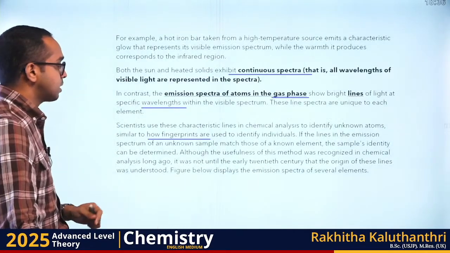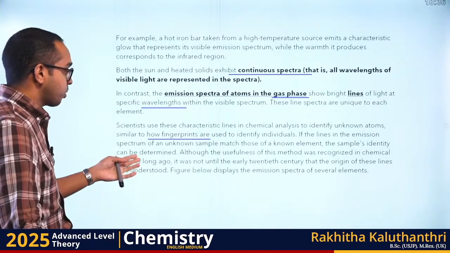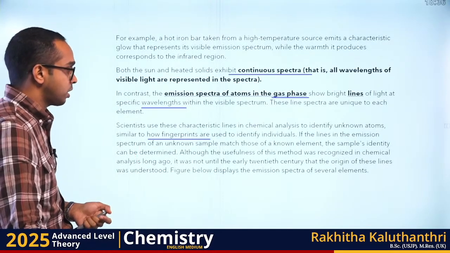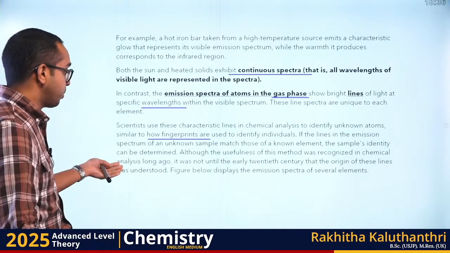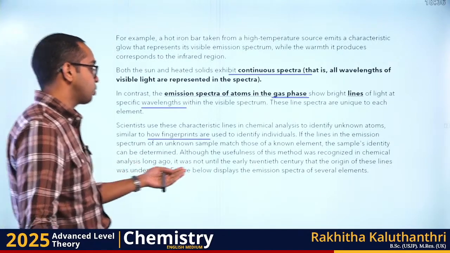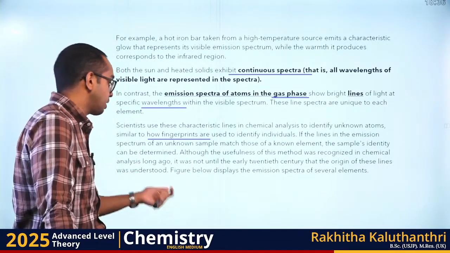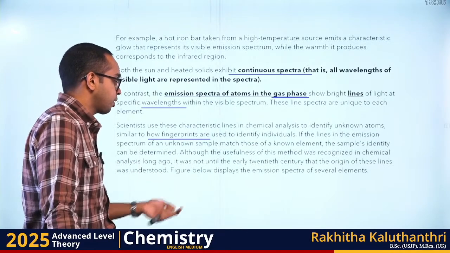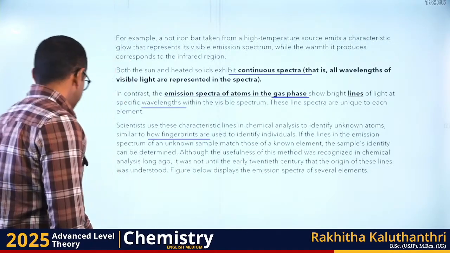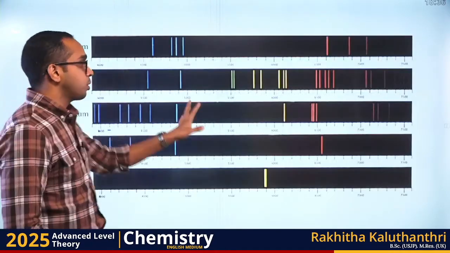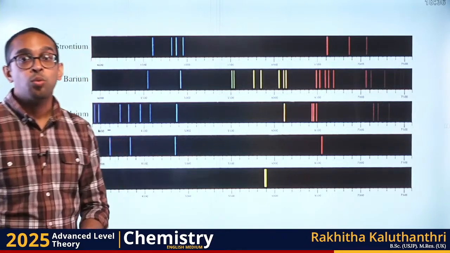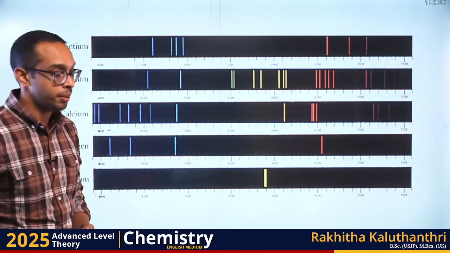So yes, they say although the usefulness of this method was recognized in chemical analysis long ago, it was not until the early 20th century that the origin of these lines was understood. Figure below shows some lines. So it took us a while to understand why these lines are appearing.